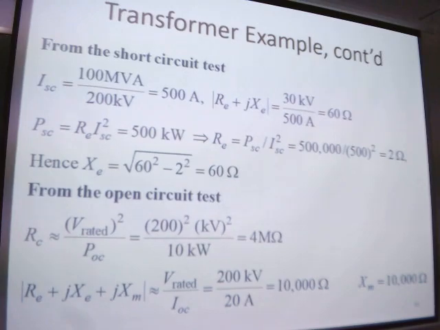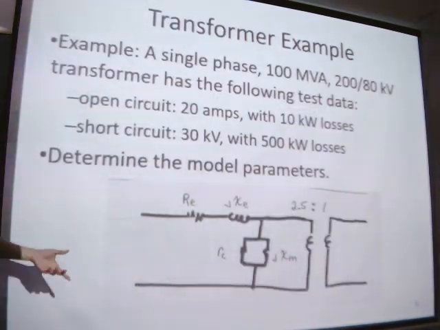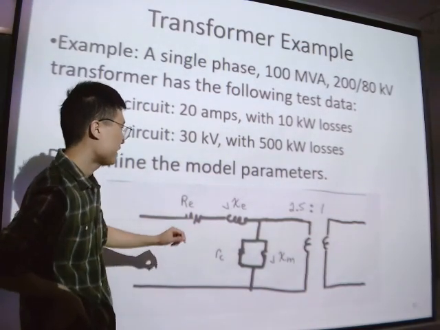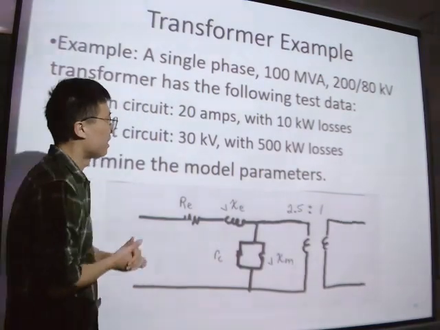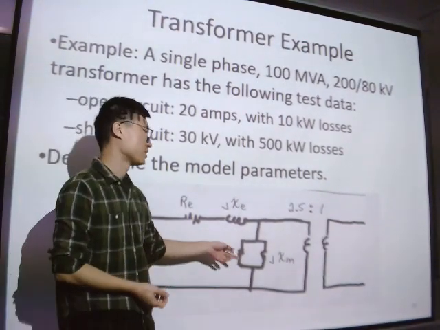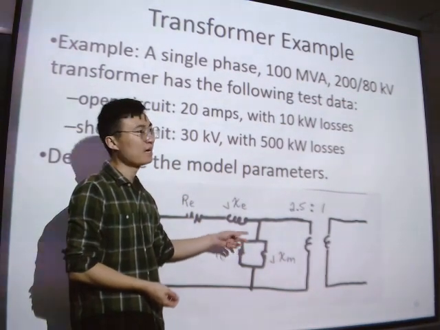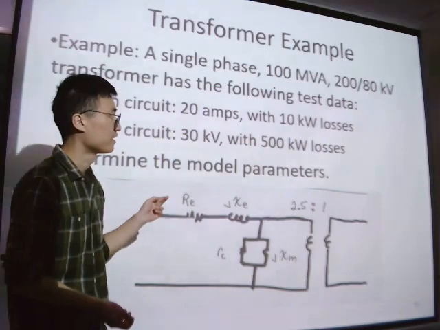So we assume that the rated power actually applies both here and here. But in the real world, we know that the impedance of the core will be much larger than the transmission lines, okay?